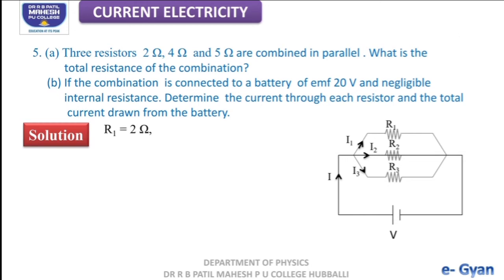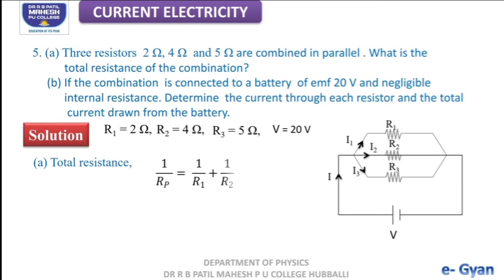R1 equal to 2 ohm, R2 equal to 4 ohm, R3 equal to 5 ohm. For question A, V equal to 20 volt. For question A, total resistance: 1 by Rp is equal to 1 by R1 plus 1 by R2 plus 1 by R3. Now put the value of R1, R2, R3 in the above equation.